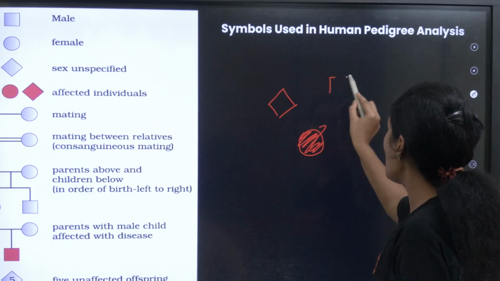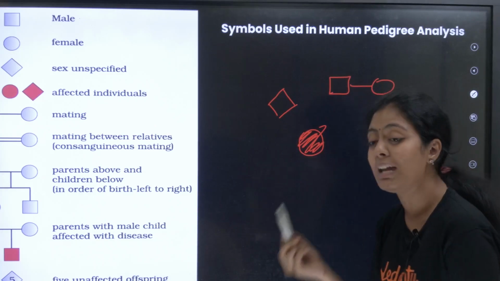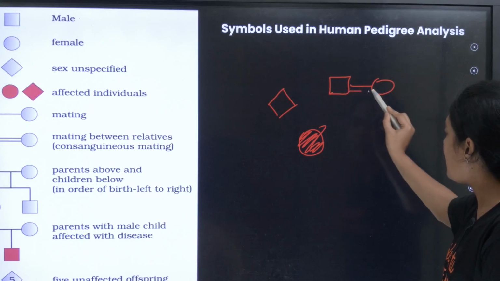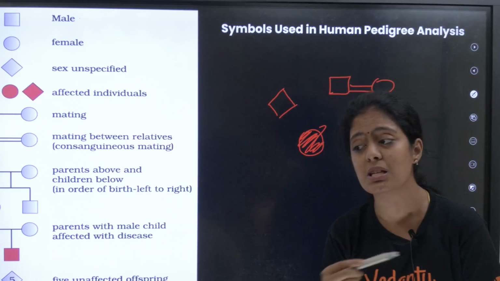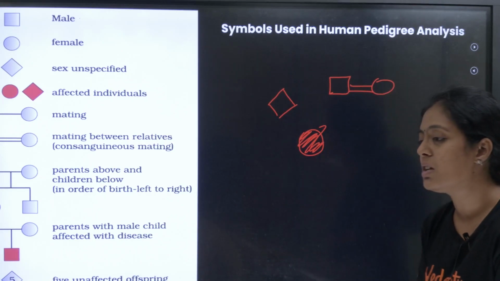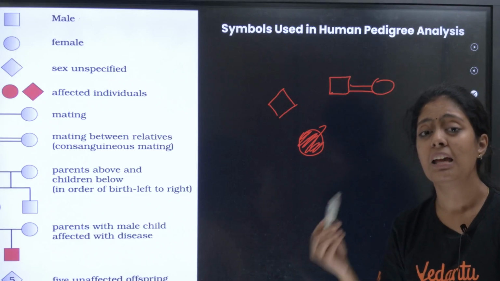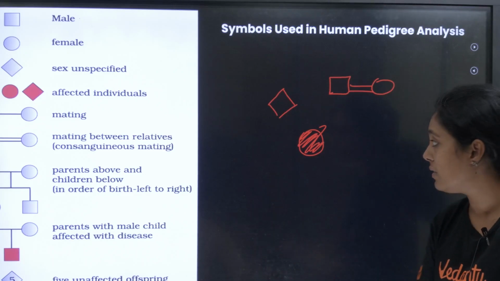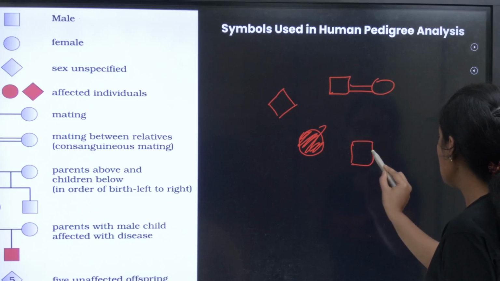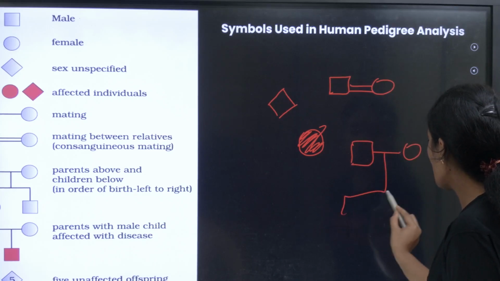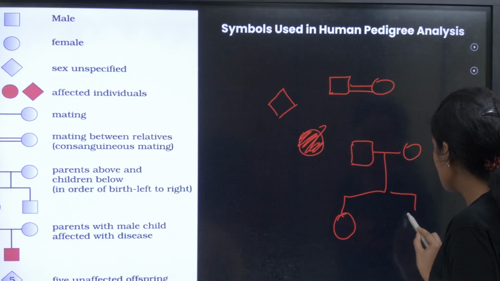When I draw a line like this, it means it is mating. If I draw two lines, it means it is consanguineous marriage. What is consanguineous marriage? It is marriage between close relatives. And if I draw it like this and show the progeny, it means the progeny is there.